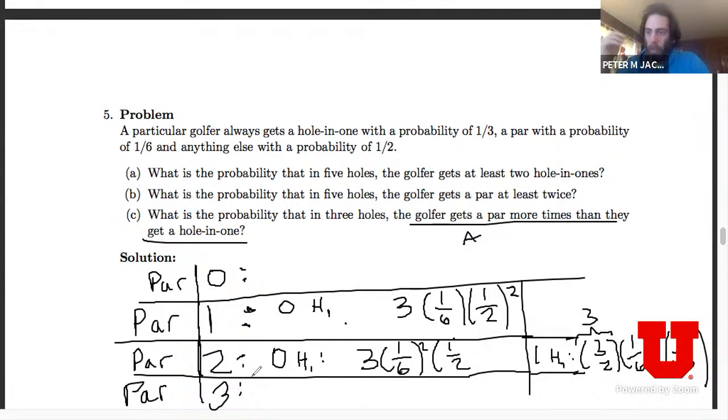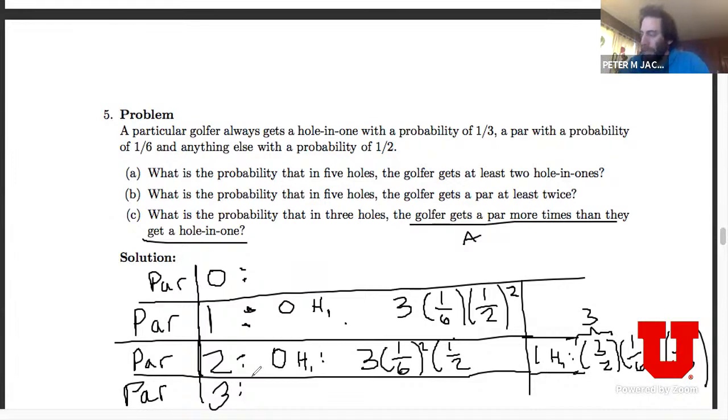We split it up into 2 cases where there were 0 holes in one and 1 hole in one. But any way you compute that they got 2 pars would be sufficient, because whenever they get 2 pars, they definitely got more pars than holes in one because there's only 3 holes.